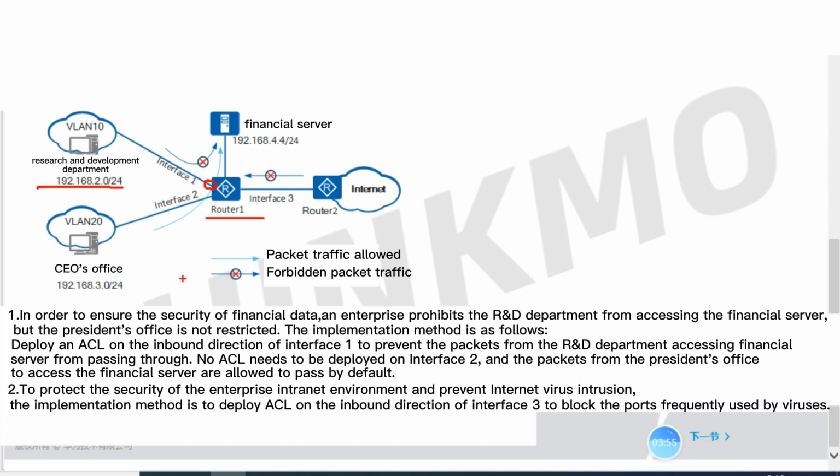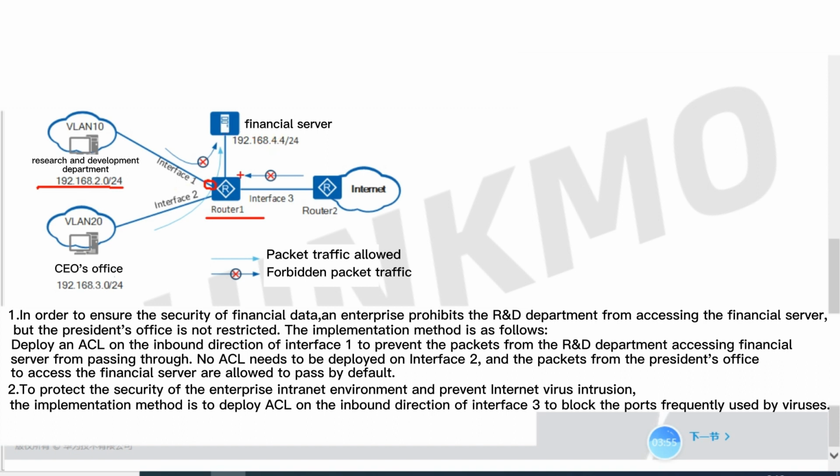Let me write some other rules. Because by default, it's just allowed. As long as I make this rule and apply it to the interface, the R&D department can't access the financial server again. The President's office is accessible. That's how you get permission.